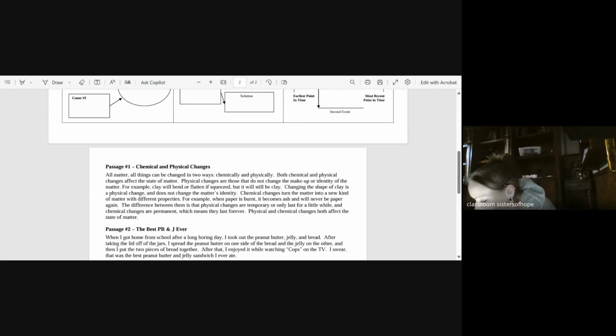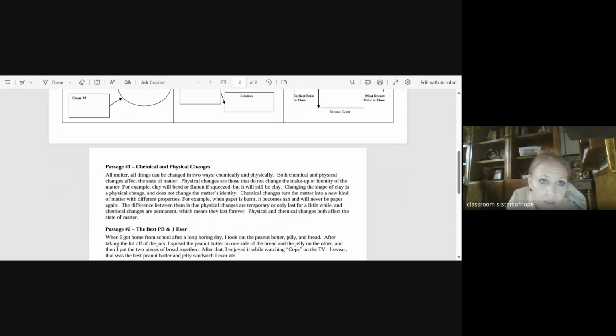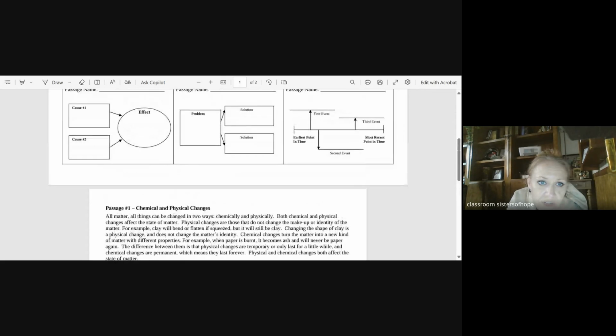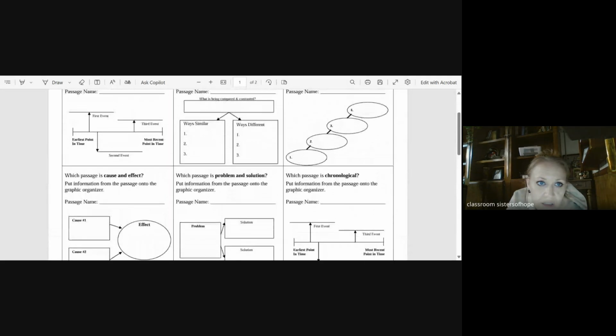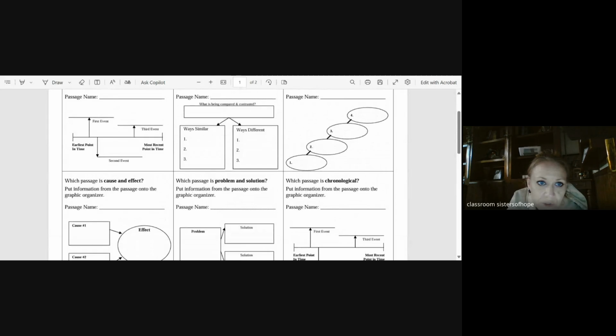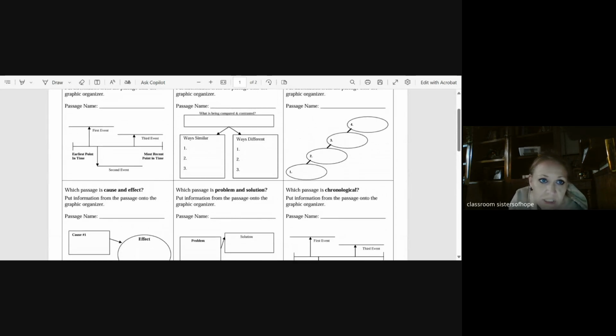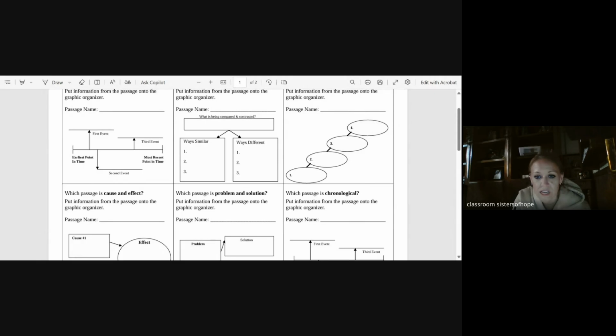Let me see if I can do this one more time. All right, so if we're looking at the graphic organizers at the first page, the first one looks like a timeline. And the way that you use a timeline is they go in chronological or sequential order.